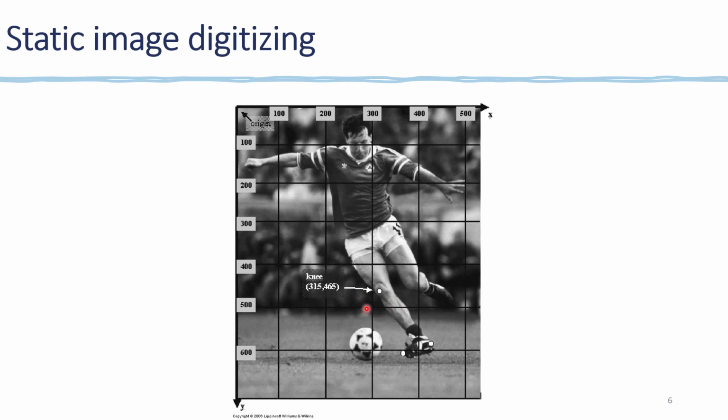So we're able to figure out its coordinates based on our reference frame. So we can say that the right knee in this image is positioned at 315, 465 roughly. So 315 pixels in the X direction and 465 pixels in the Y direction. So that's the position of the knee marker at that specific point in time in that exact image.